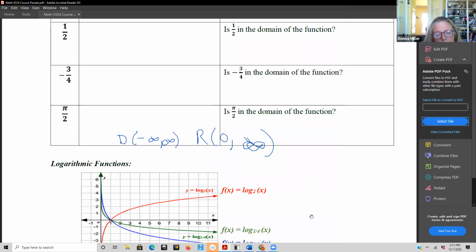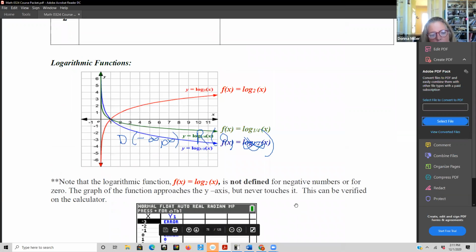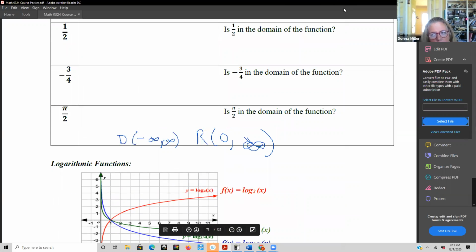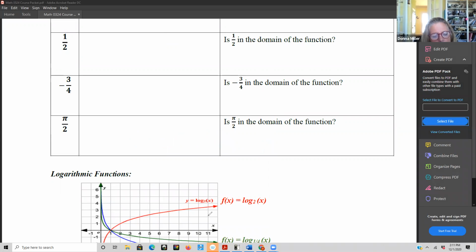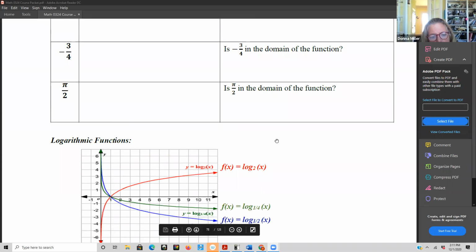All right, but I want you to notice that all these graphs have a few things in common in terms of their domain and range.